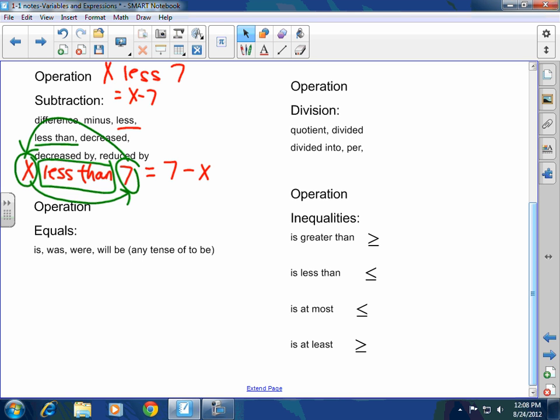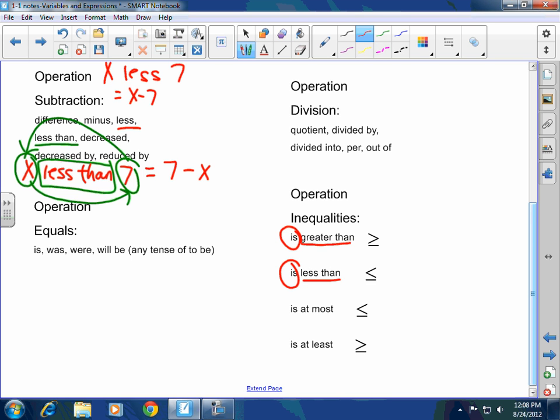Inequalities. Now, for the inequalities, guys, a lot of times people get confused with this greater than and this less than. They think it's adding or subtracting. But you know that it's going to be an inequality because of the word is. Is, as we just found out, means equals.